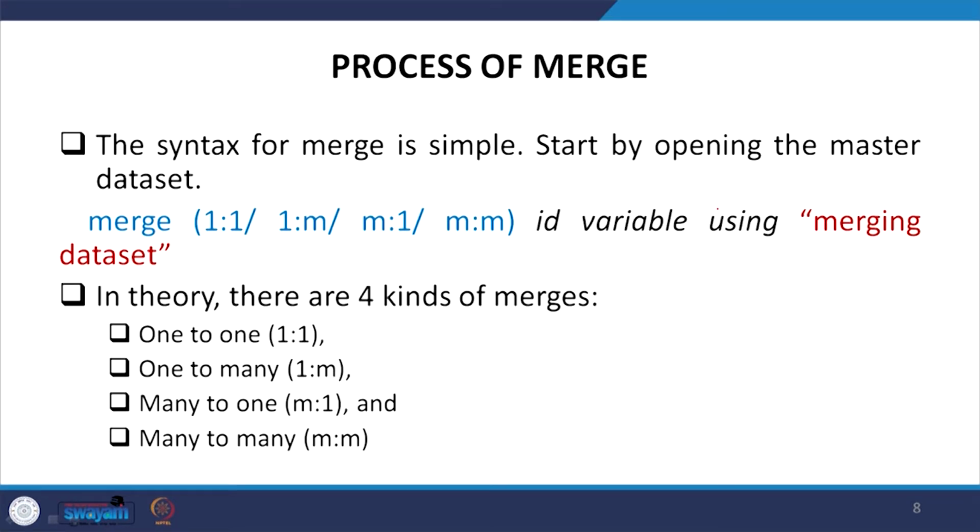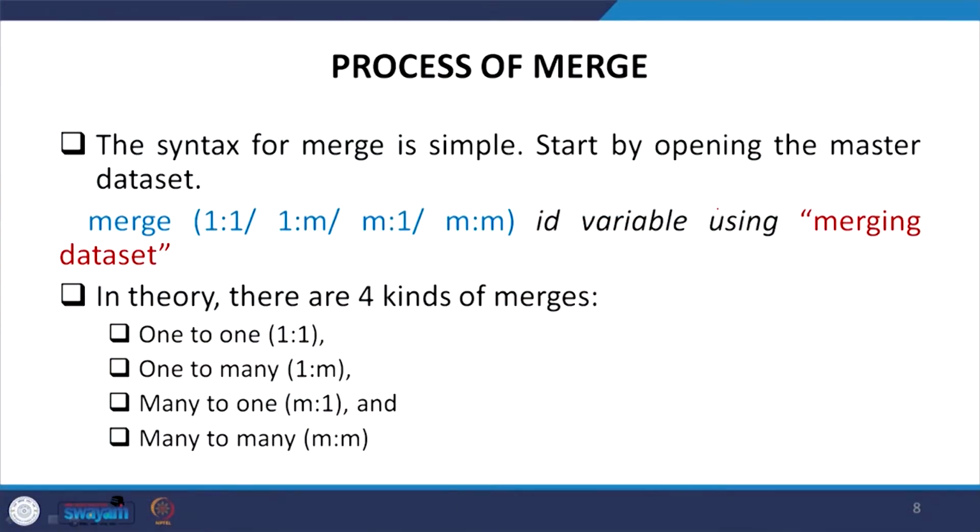So, what is the process of merging? The process of merging is broadly of 4 types that we are going to discuss. The syntax for merge is simple: start by opening the master data set first, then follow the steps we are going to guide you through. The command is merge. Now, out of these 4 options, you have to pick one: 1:1, 1:m, where m stands for many, 1 to many, many to 1, or many to many.